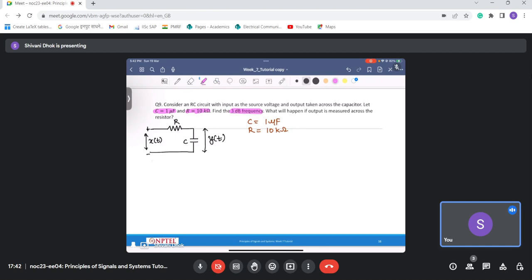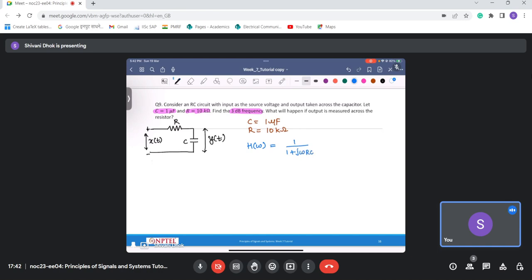So basically this example was actually taken in the lecture, so I'm not going to repeat the entire derivation, but I'll just repeat the system response, that is this H of omega, which came out to be 1 upon 1 plus j omega RC.